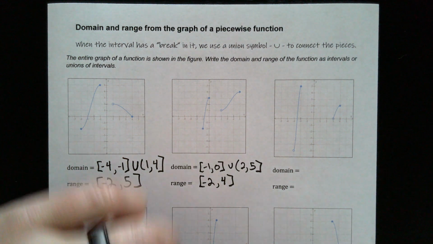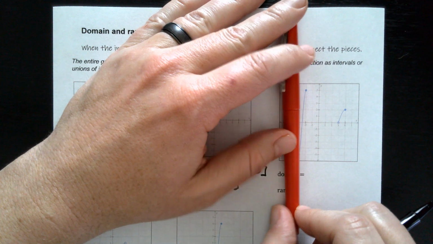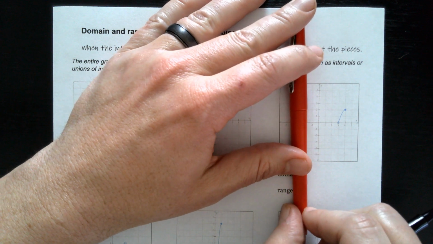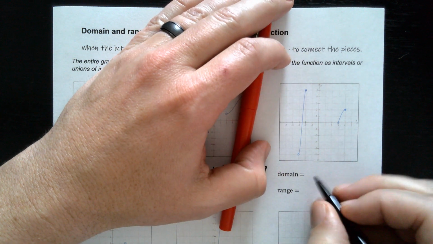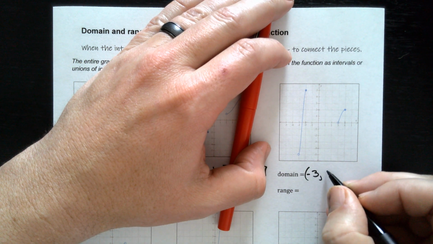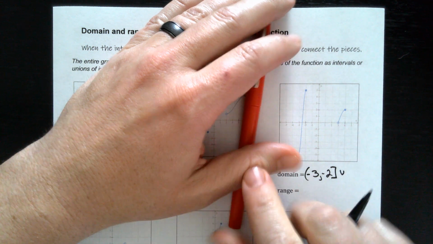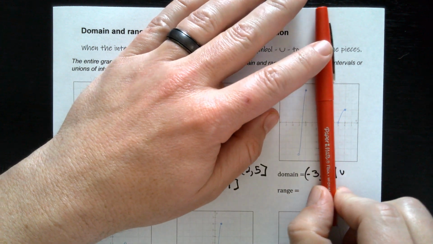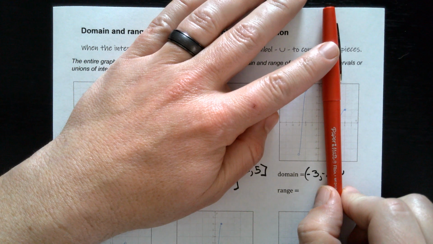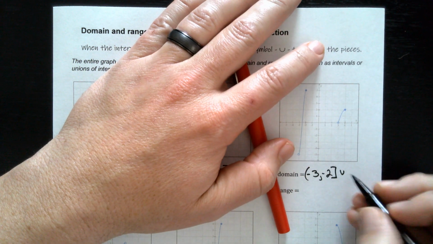Okay, let's look at this one. So the farthest left is -3, not included. And it goes to -2, included. So -3 with a parentheses to -2 with a bracket, and then union, we move all the way over to here, and it starts again at 3, not included because it's an open dot, to 4.